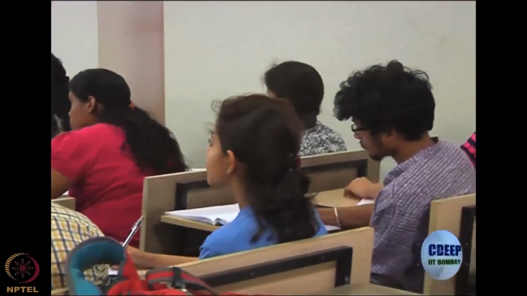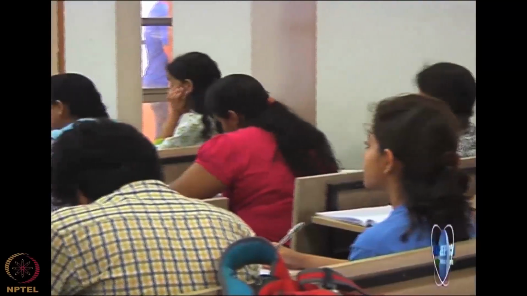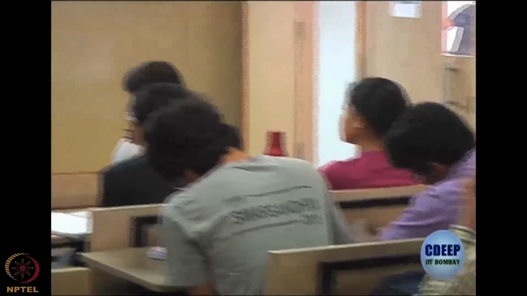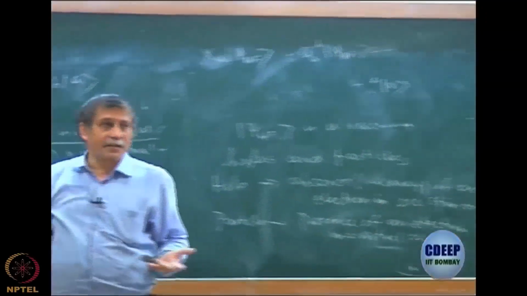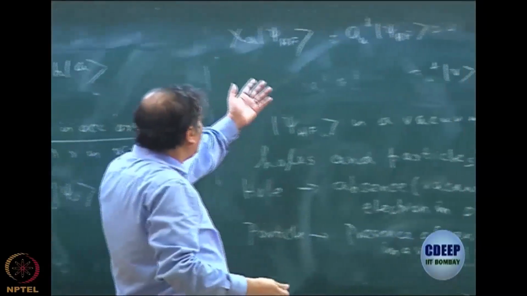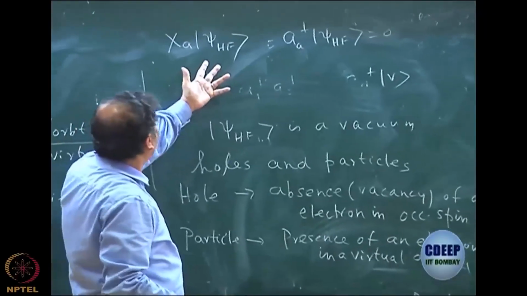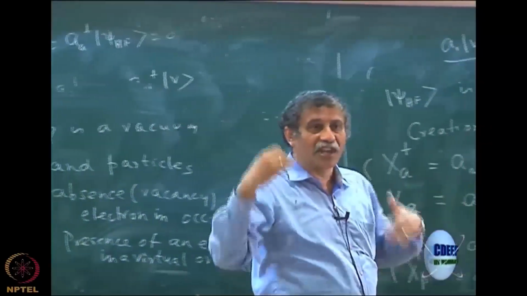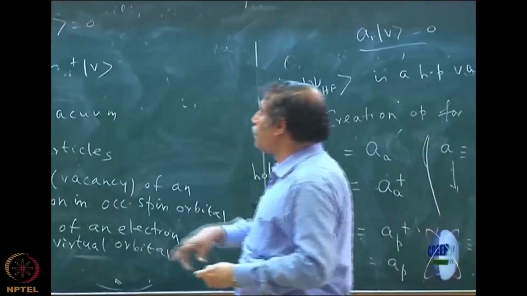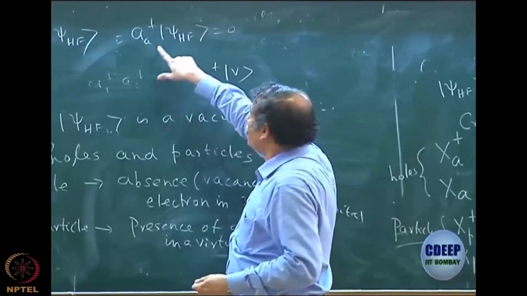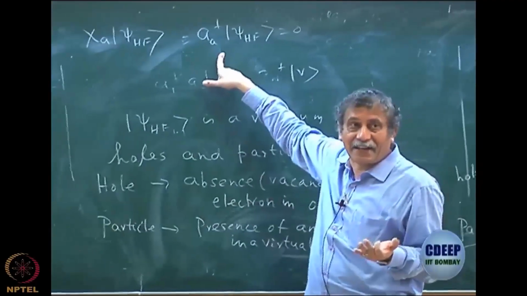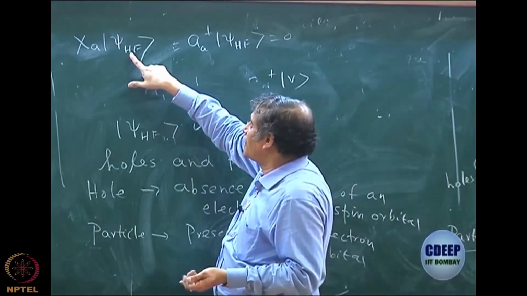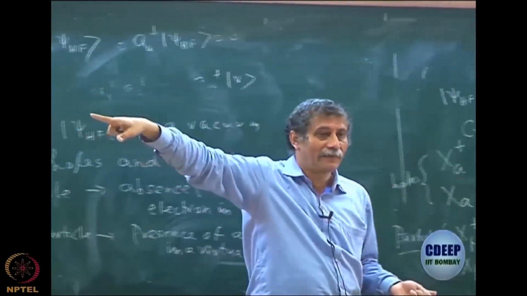So, X_A by my old definition is A dagger Hartree-Fock, and we know that is 0, because I can't create an electron which is already present, or in other words, there was no hole, so I can't annihilate. Now, I have to change the language. In terms of normal thing, I am saying there is an electron present, so I can't create an electron. Again, in holes and particles, I am saying there is no hole, so I can't annihilate holes.